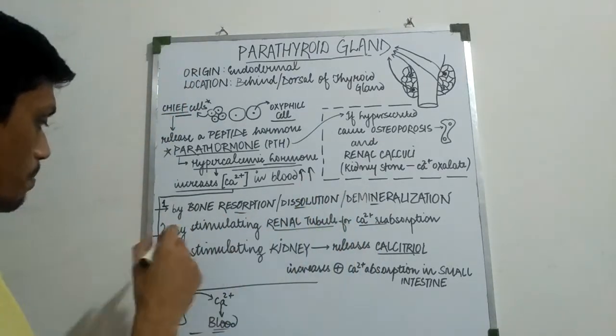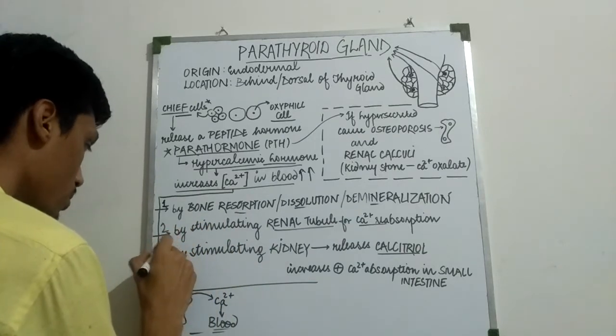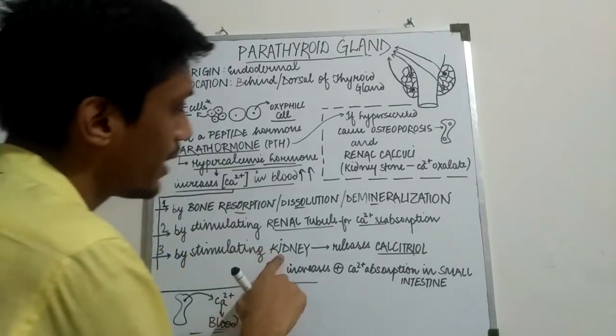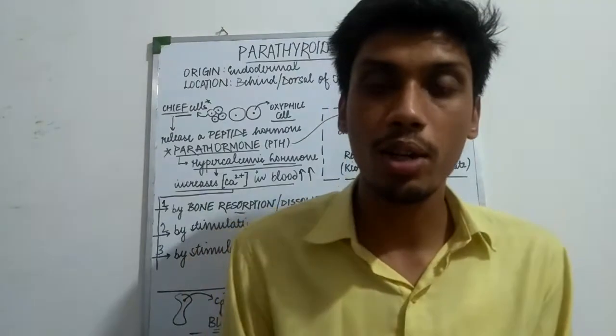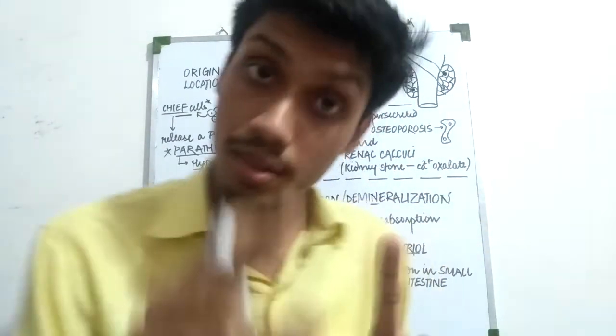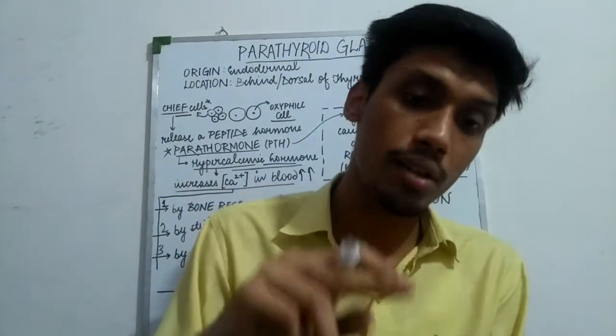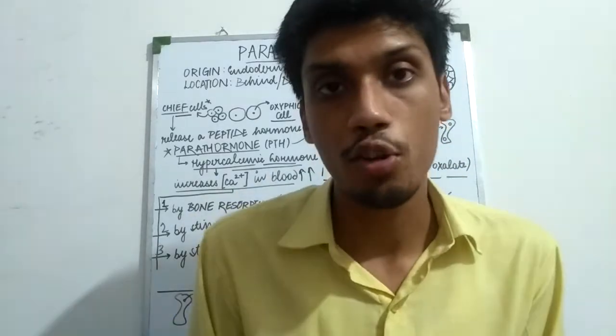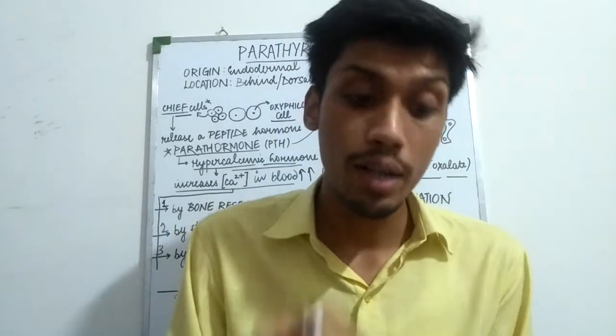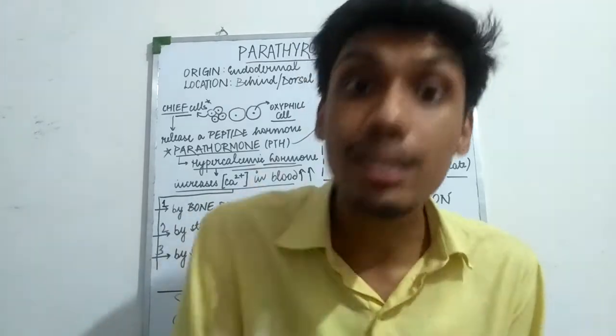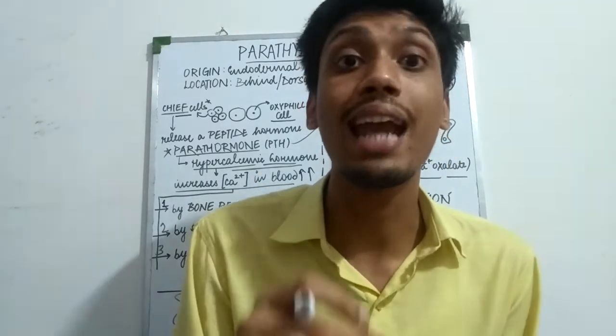Third, by stimulating the kidney. Again, the kidney is stimulated. First, it directly acted on the renal tubule and calcium reabsorption took place. But now it acts on the kidney, and then another hormone is released: calcitriol.